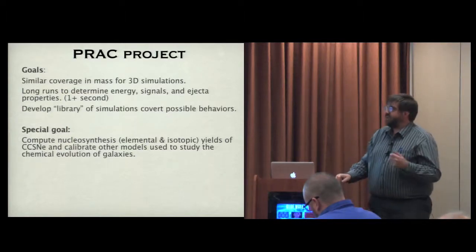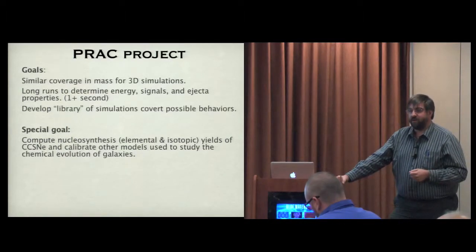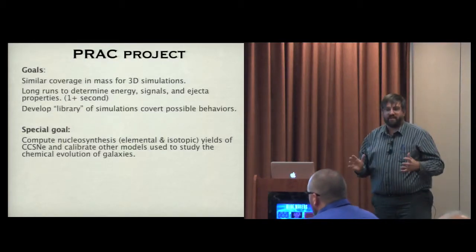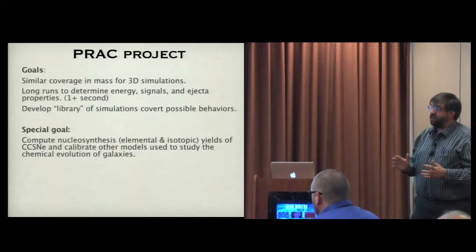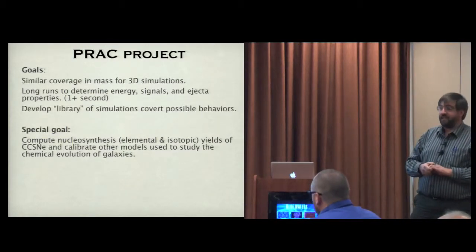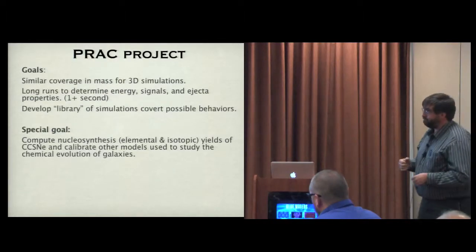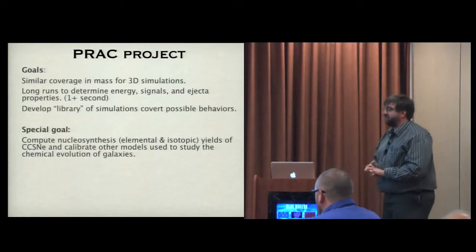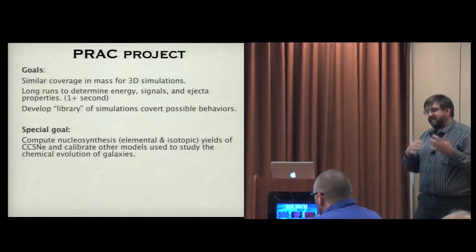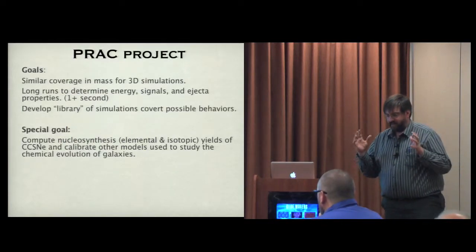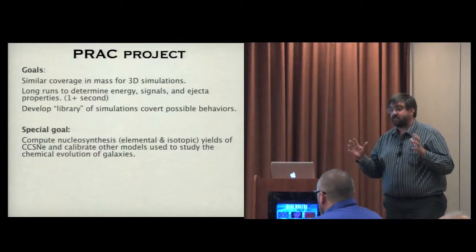So our PRAC project, and why we're on a run on Blue Waters, is that we want to do the same kind of thing that we've been able to do in 2D, in 3D. We want to run multiple models and build a range to cover the range of the progenitor space. And we know that we have to run for quite a long time to get to the kinds of information that we want: ejecta properties, explosion energies, neutrino and gravitational wave signals, and then at the same time build up this library, if you like, of simulations that are very similar in their construction.